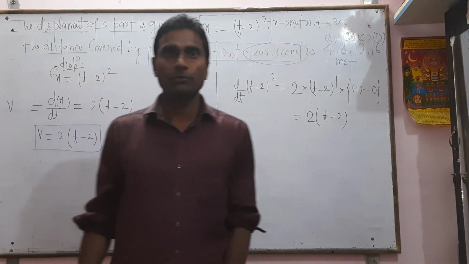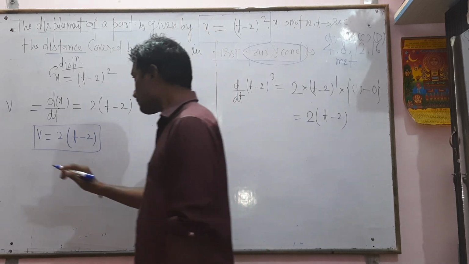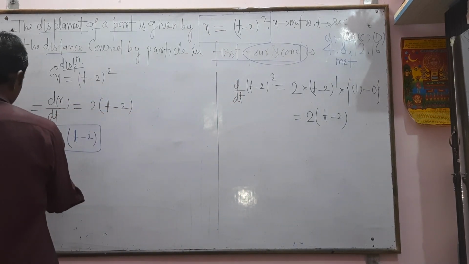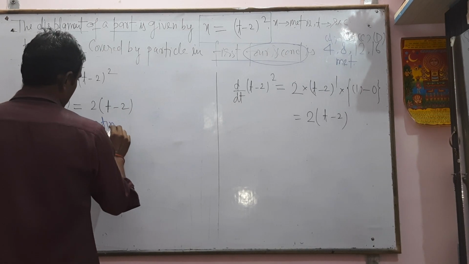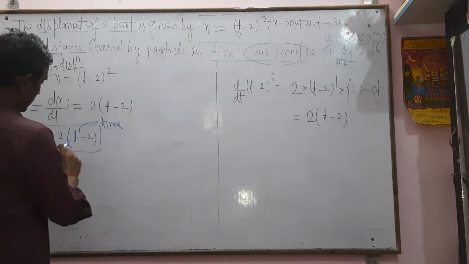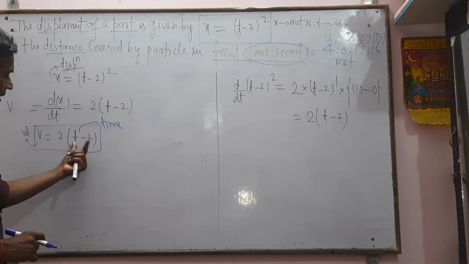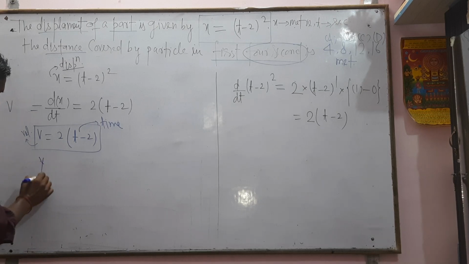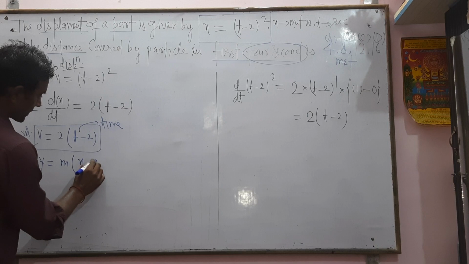So we are trying to find this by the graph method. This is the velocity, and this is the time. This is the velocity-time graph. Let us suppose y equals m times (x minus 2).